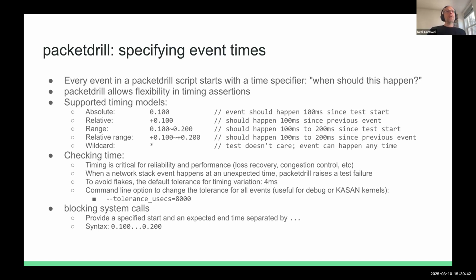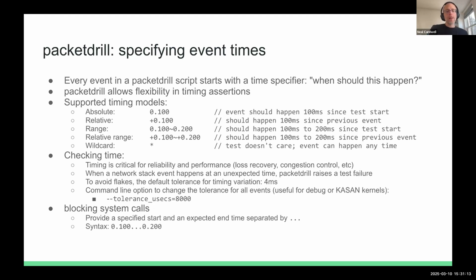Now, of course, often things can happen at a slightly different time than what you expect based on CPU or timer variations. And so to avoid flakes, there is a specified tolerance for timing variation. The default is 4 milliseconds, which is a fair amount of variation that it's tolerating while still being able to check most loss recovery and congestion control behaviors.